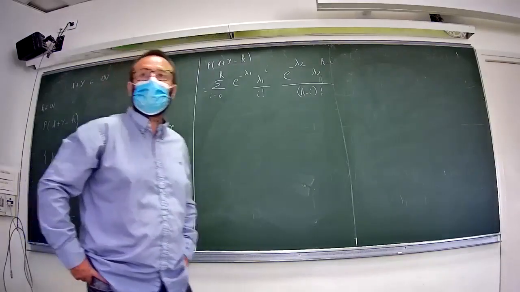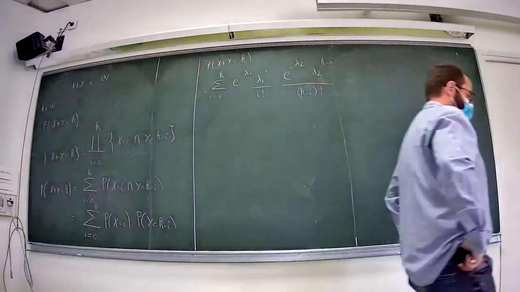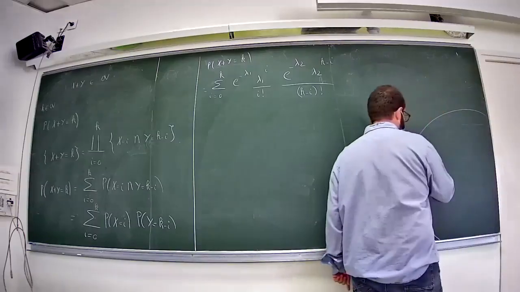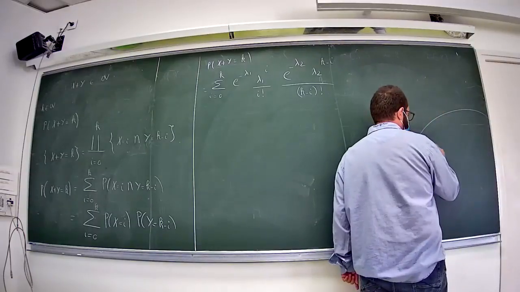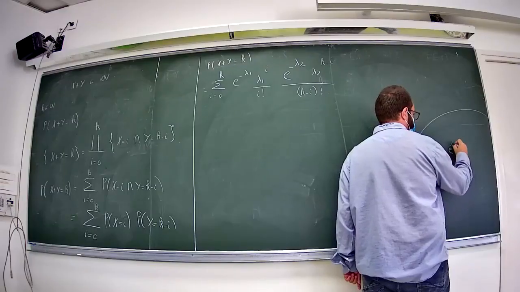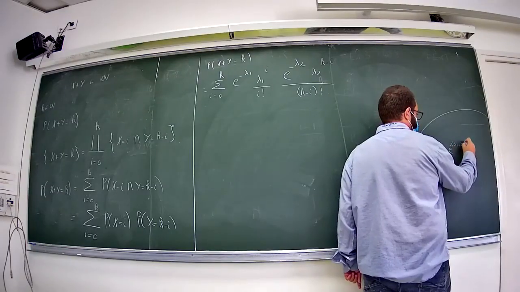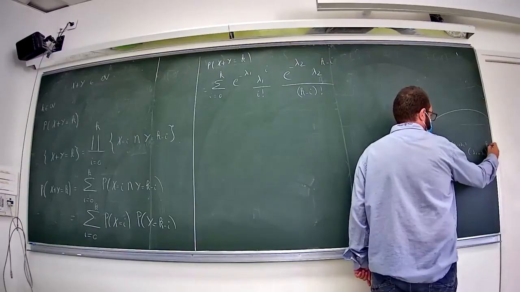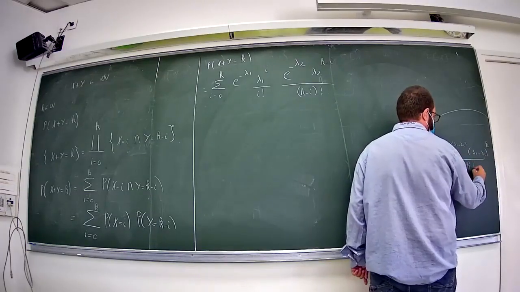What to do now? So you have the answer you have to find. We give you the answer in the statement. What you want to find is that the probability that x plus y is equal to k is equal to exponential minus (lambda 1 plus lambda 2), (lambda 1 plus lambda 2) to the power k over k factorial.